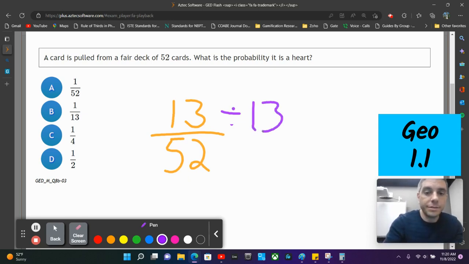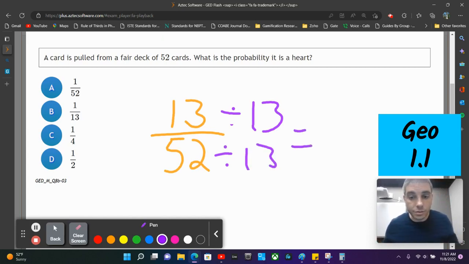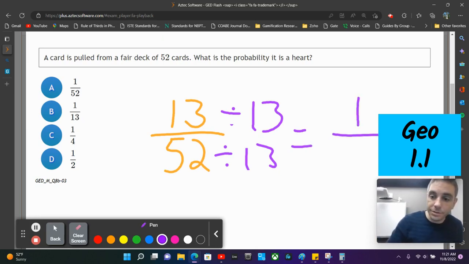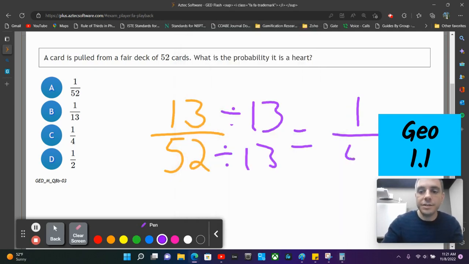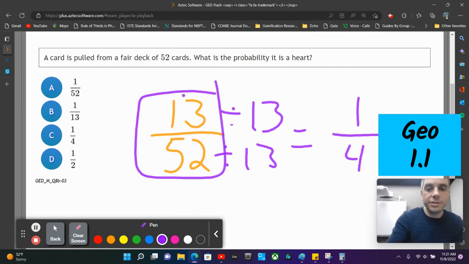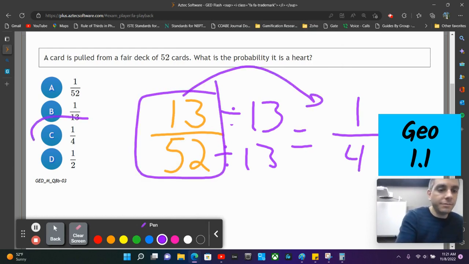So we can divide by 13, divide by 13. Now we do know that, of course, 13 divided by 13 will result in the whole number, which is 1. But will 52 divided by 13 result in a whole number? Let's check our calculator. 52 divided by 13, 4. So it does. Our final answer here is the reduced form of this fraction, which is 1/4, which is answer choice C.